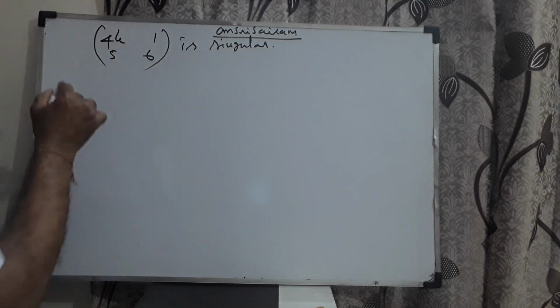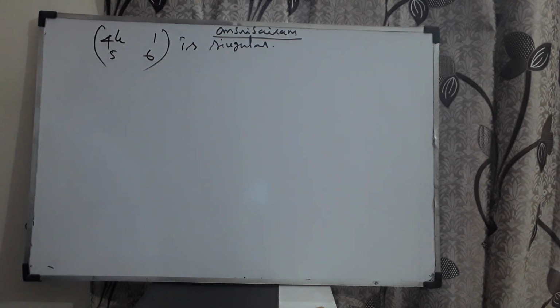Just listen carefully. You know very well, it may be a 2 by 2 square matrix or 3 by 3 or 4 by 4. Any square matrix whose determinant value is 0 is called a singular matrix. Just recall the formula behind this particular problem. If the determinant value of any square matrix is 0, it is singular.